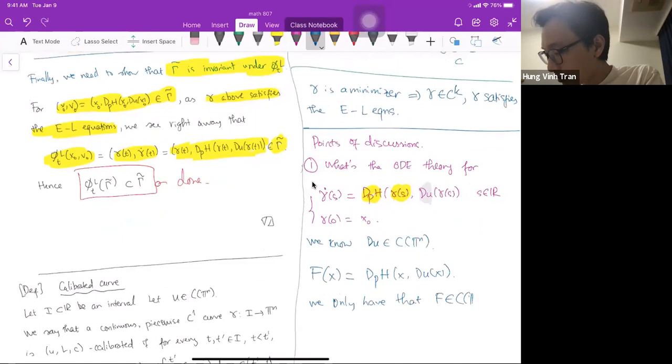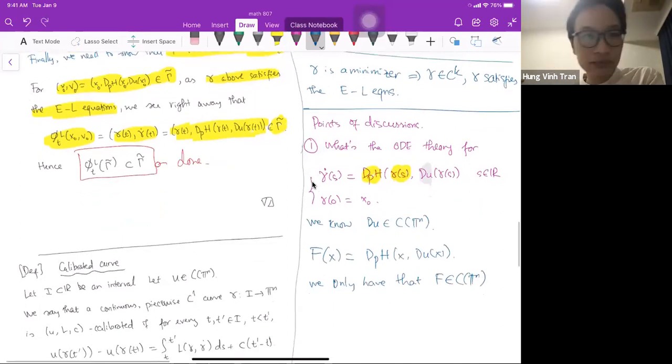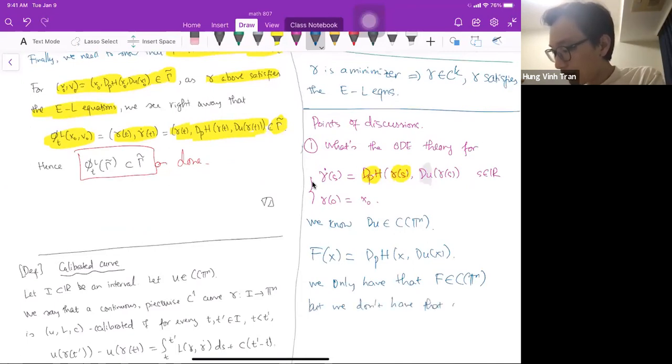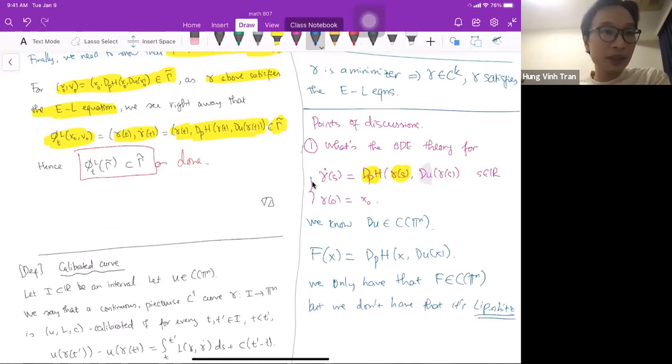And since f is continuous in the torus, everything is compact, it's bounded, it's nice, but we don't have that it is Lipschitz. So when we don't have that it's Lipschitz, what's the ODE theory we are using here?